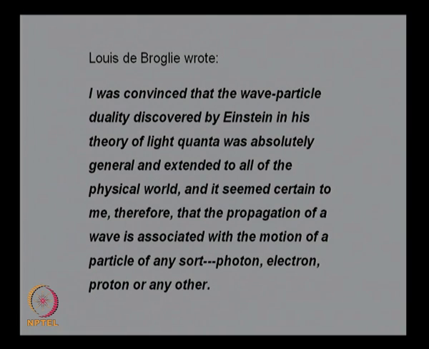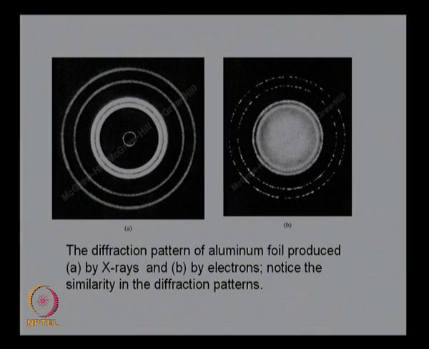Now actually after de Broglie wrote this, the diffraction pattern by electrons was observed much later. So that is why de Broglie's contribution is considered to be outstanding. He predicted the wave nature of electrons.